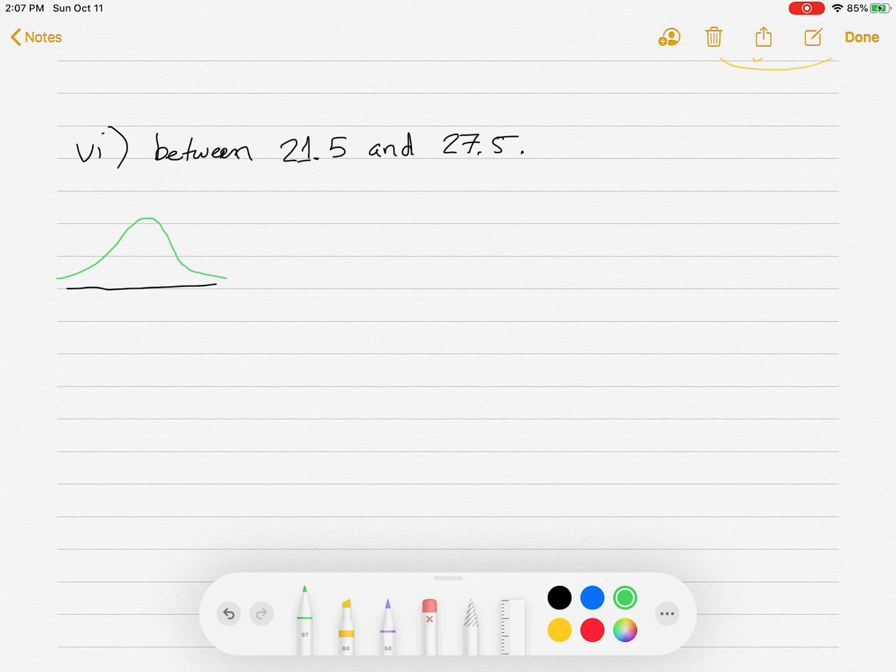You don't have to draw pictures, but I'm going to draw one just for illustration. And here's the density of your BMIs, your X's. And in the middle, you have what? 24.5 is the mean. So on the left of that, you got 21.5, and on the right of that, you have 27.5.